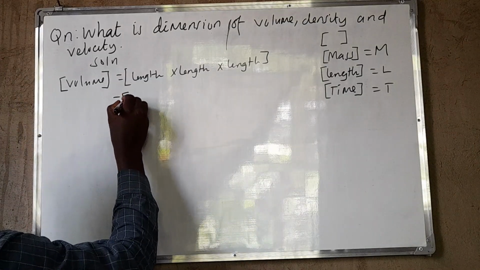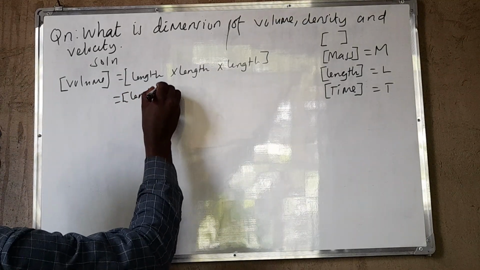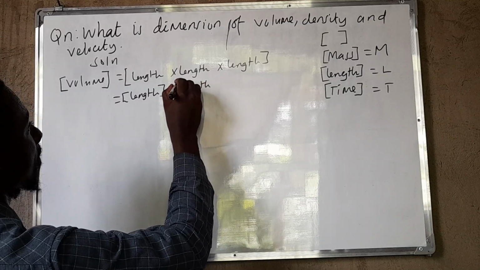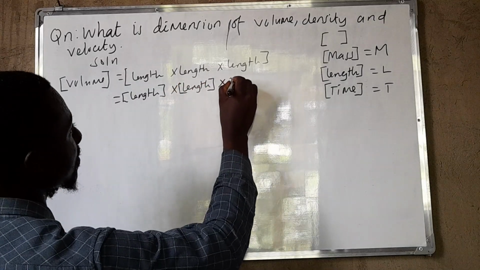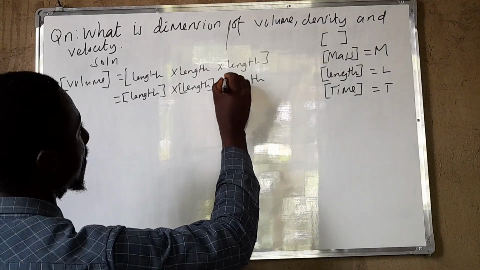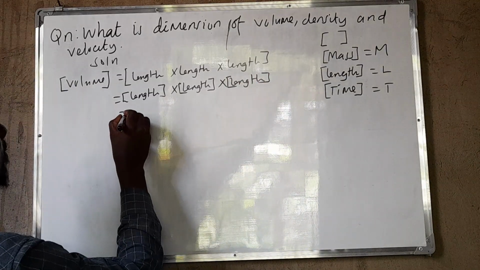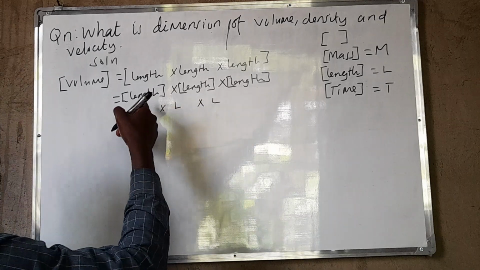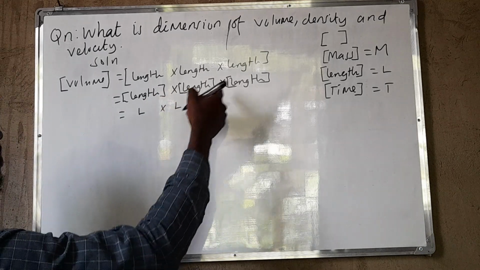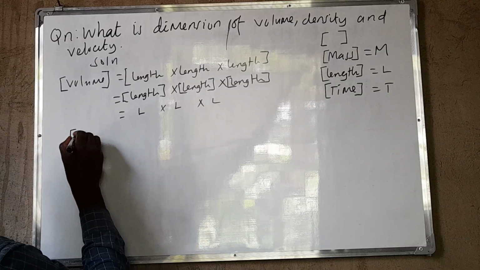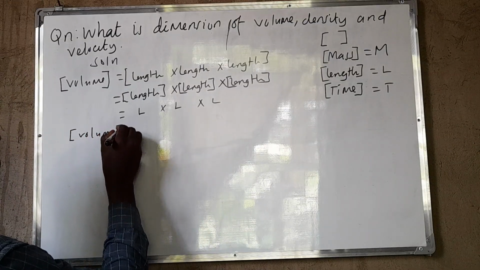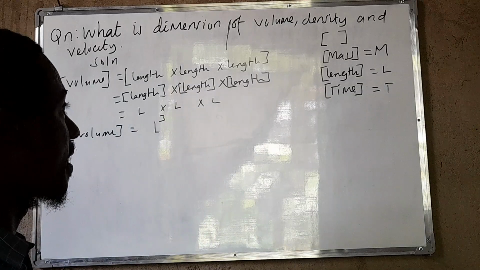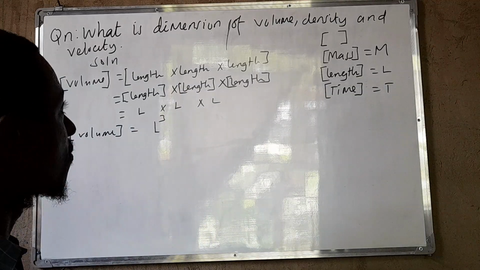So it is equal to dimension of length times dimension of length times dimension of length. Finally, because the dimension of length is L, it is L times L times L. So the dimension of volume is equal to L cubed. This is how we get the dimensions of volume.